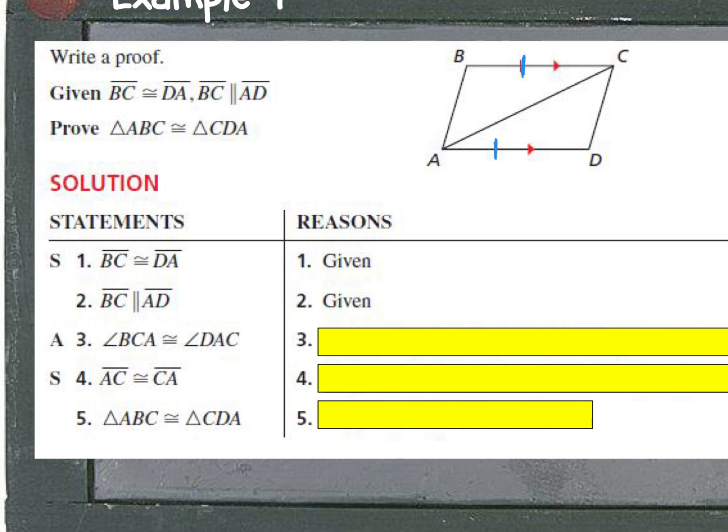So this is stating, I'm going to go ahead and highlight this one. Angle BCA is congruent to DAC. So we're specifically talking about this angle, and then we're specifically talking about angle A. So these angles right here, can somebody tell me what would these angles be considered?